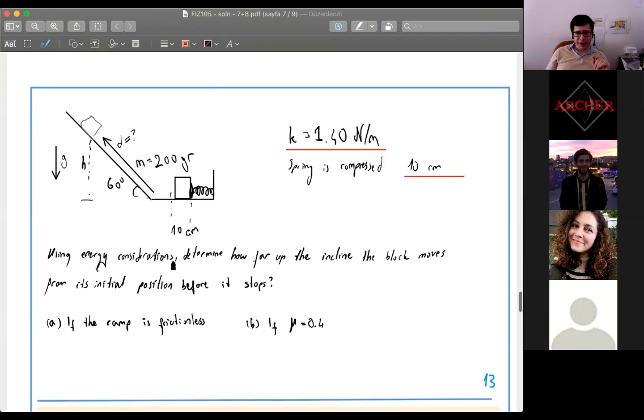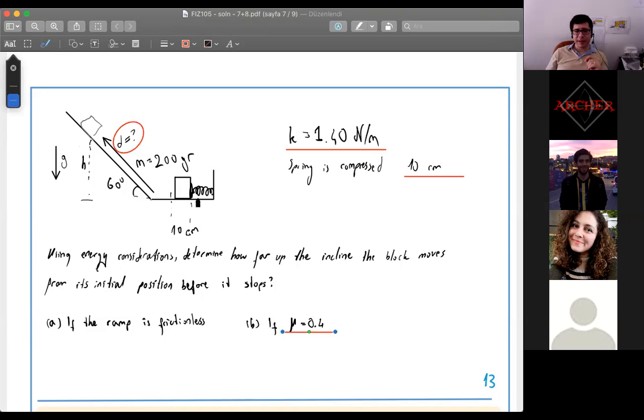What's the question? Using energy considerations, determine how far up the incline the block moves from its initial position before it stops. We are asked to find this number, d. For two cases: case 1, the ramp is frictionless. Case 2, there is friction on the ramp, okay? Not in this part.